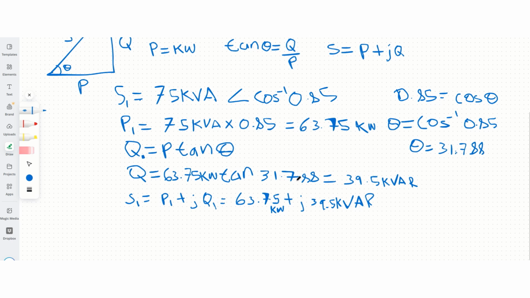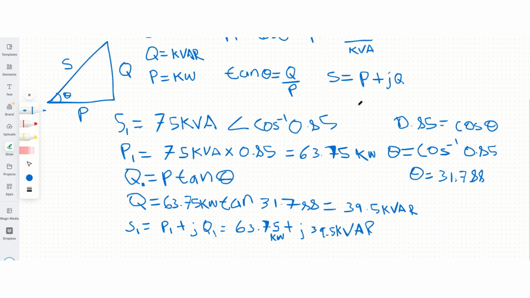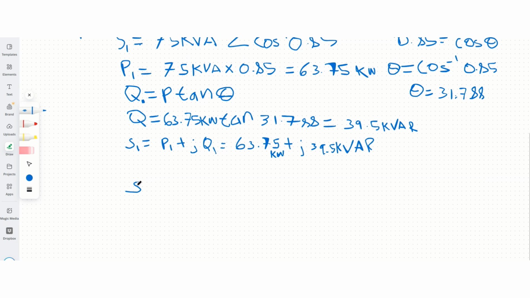Now we're going to do the second part, which is 35 kVA at 0.75 lagging power factor. So S2 will be 35 kVA, and then you have your angle, which is the inverse of cosine of 0.75.